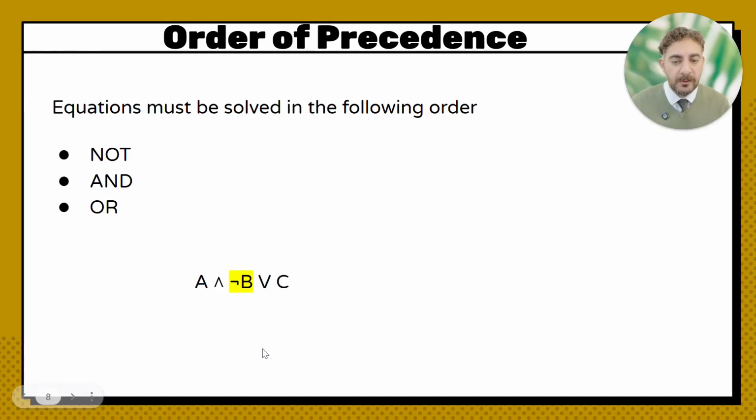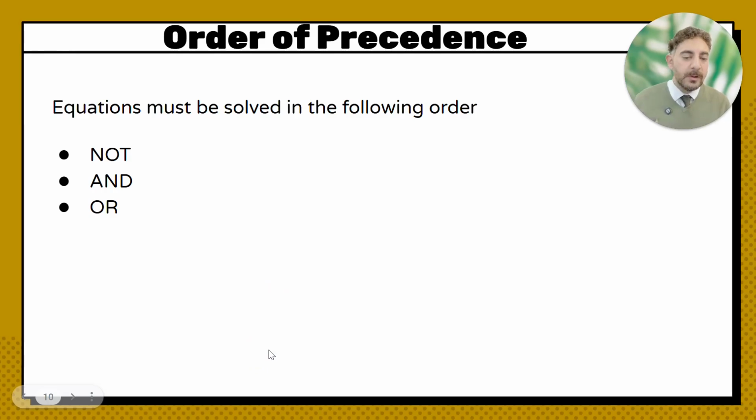There's no need to put brackets around that. Next, because the AND binds closer than the OR, we'd put brackets around the A and not B, and that would leave us with OR C outside of the brackets, okay?